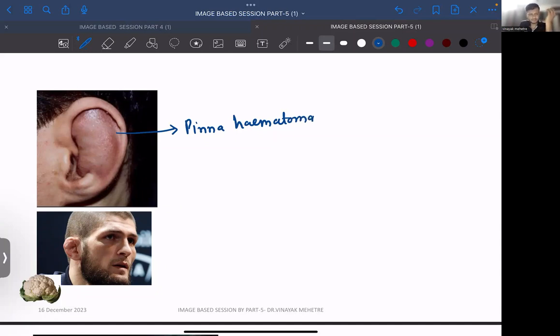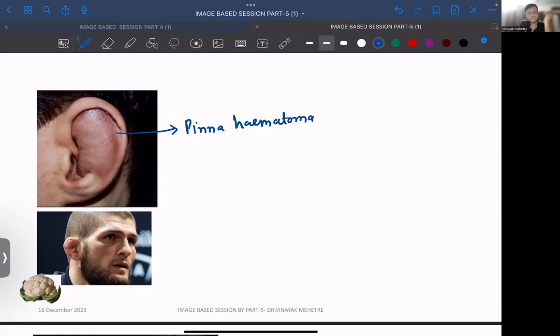Of course, they will give you a history of boxing or some kind of fight, but that doesn't mean it is boxer's ear. The patient will have hematoma in the pinna: swelling comes, and blood collects inside. That is called a hematoma.